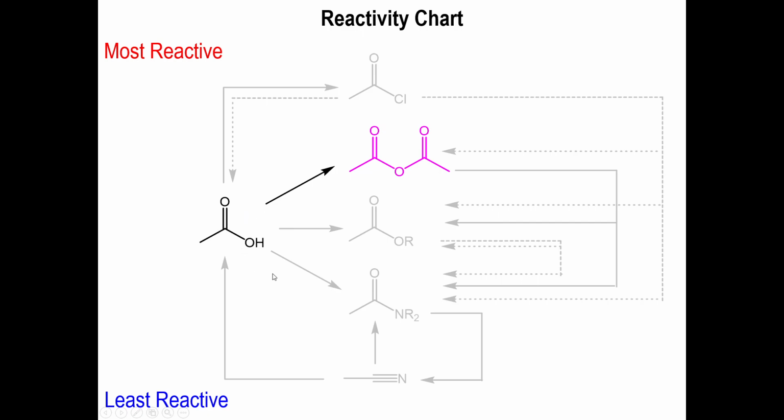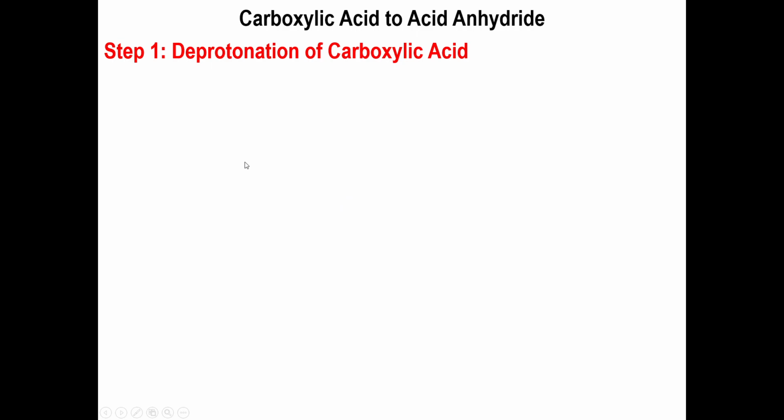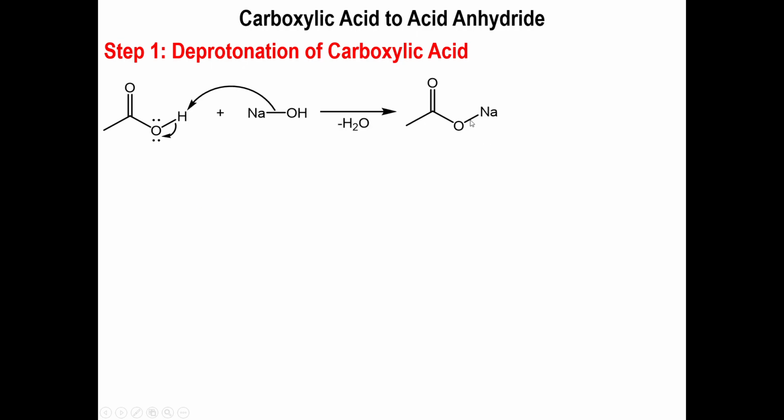So if you basically treat a carboxylic acid with a strong base like sodium hydroxide, you will deprotonate the carboxylic acid and you will generate a metal carboxylate, in this case sodium carboxylate. And although this is not an amazing nucleophile, it's relatively okay for certain things.